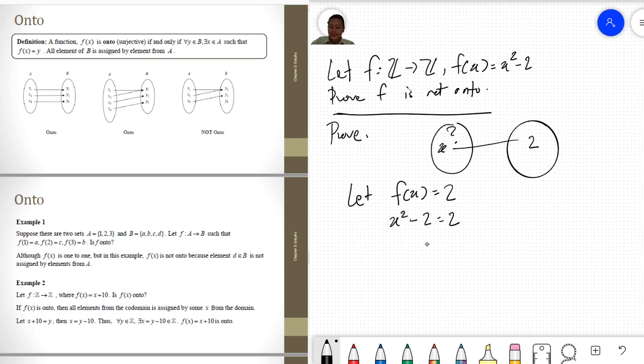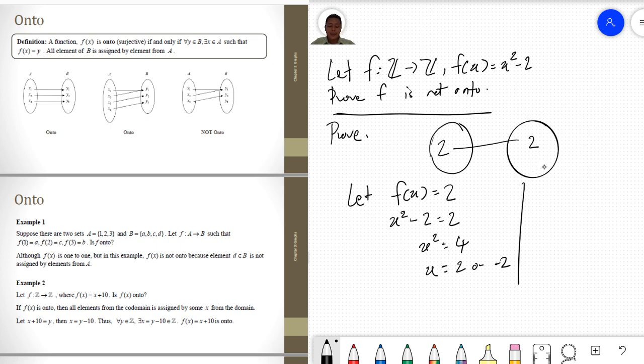For this case, x squared becomes 4, and yes, there exists an x in this case, which is 2 or negative 2. So this is not a good counter example. It means for this 2, there is an element assigned to it, which is 2.